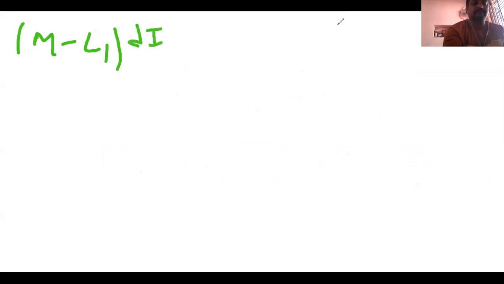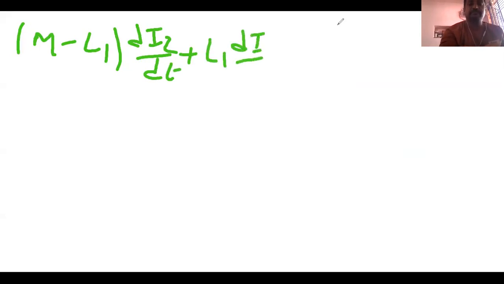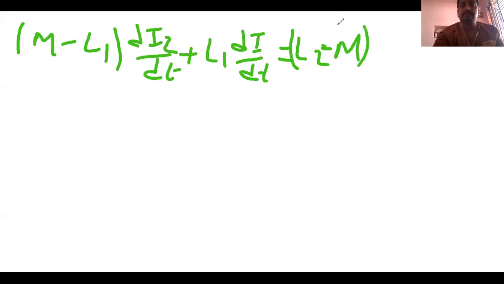The value of equation 3 is (M minus L1) into di2 by dt plus L1 into di by dt is equal to (L2 minus M) into di2 by dt plus M into di by dt.